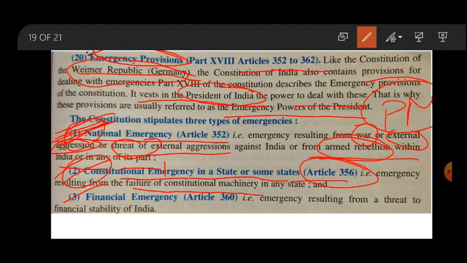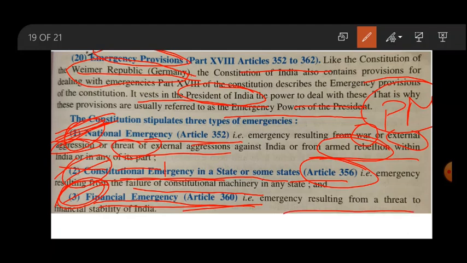So this has been declared 5 times and above, and the constitutional emergency in a state has been declared more than 100 times, though not exactly the same. Number 3, financial emergency under Article 360. This financial emergency has not yet been declared any time after independence.